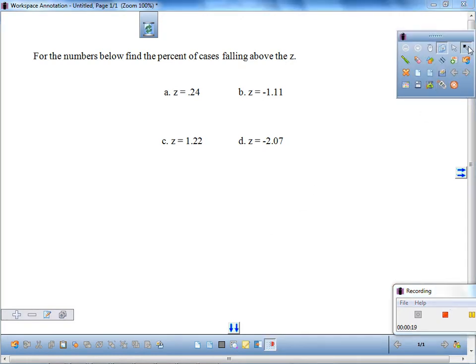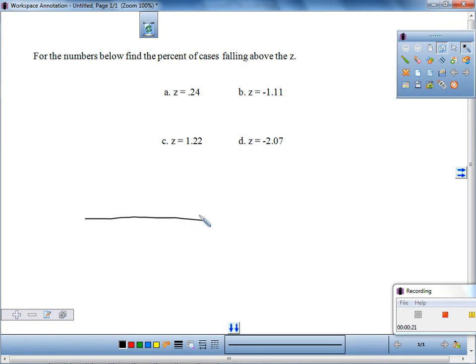the actual z table. So we have our normal curve, we have our mean, and then we have our z-score of 0.24, which is roughly in here. When we go to look up our information, it's going to give us this area, but we don't want that area.